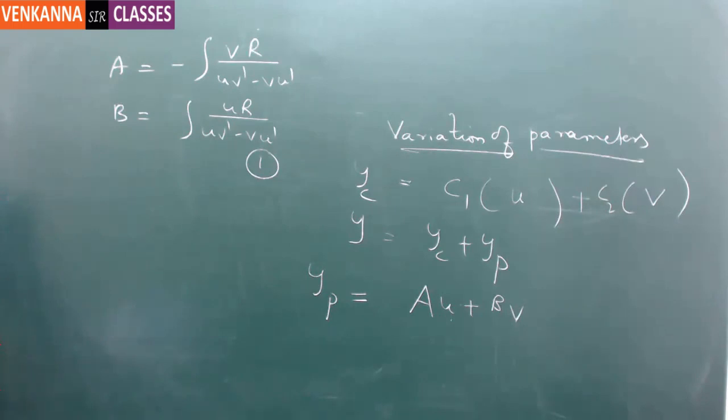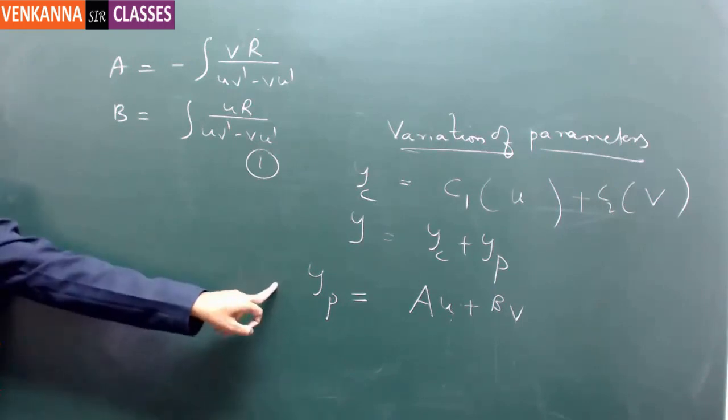So the first thing is, for second order differential equations, we can apply this method. We have to find the complementary function yc first. The functions given in yc are taken as u and v. Using the complementary function, we find the particular solution yp.